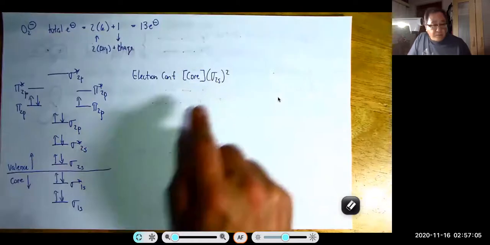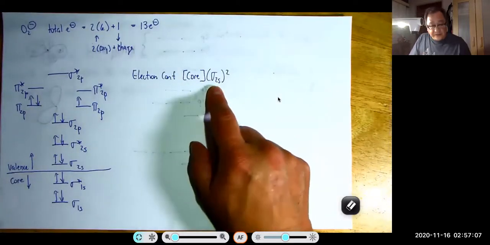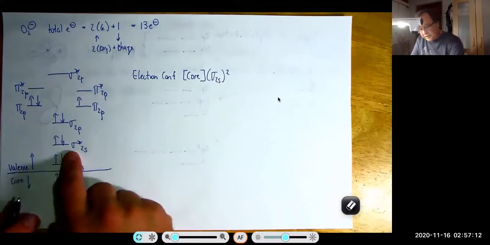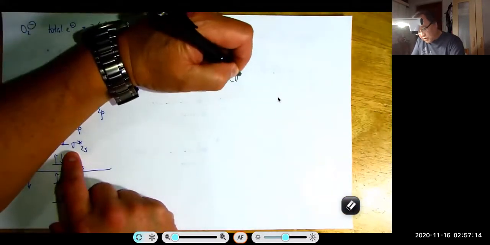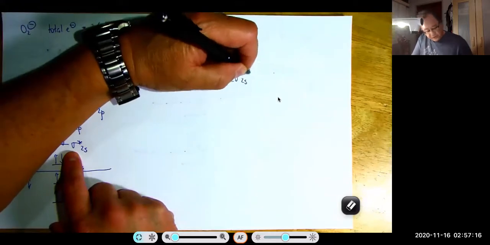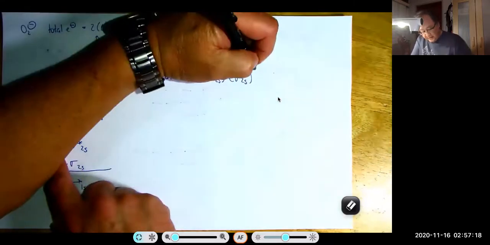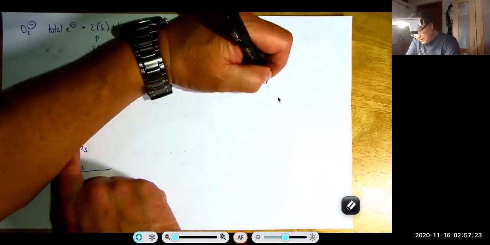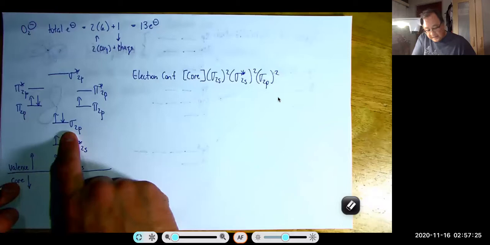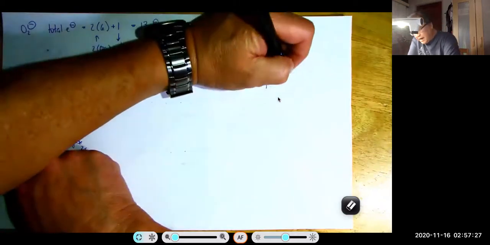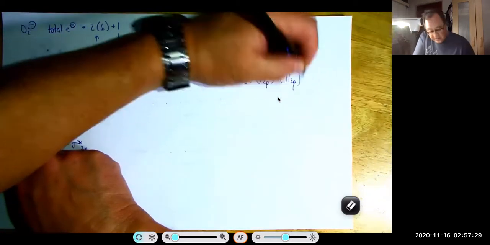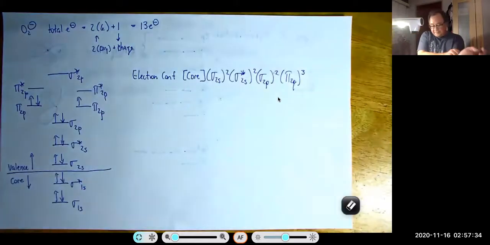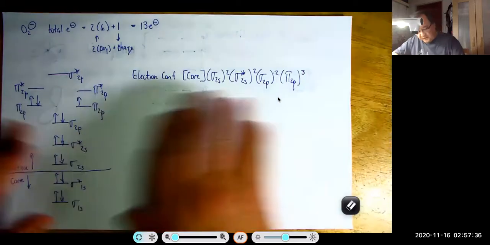Remember, you want to put the MO in parentheses, the number of electrons on the outside of the parentheses. Next one's going to be a parentheses sigma star 2s2. Then a sigma 2p2. Then a pi 2p, and here 1, 2, 3. All right, so that's the electron configuration.